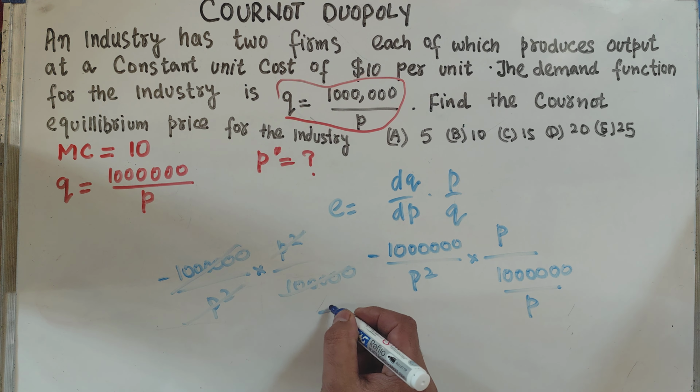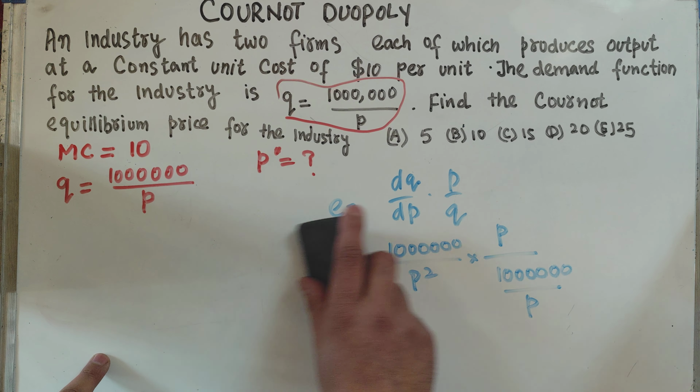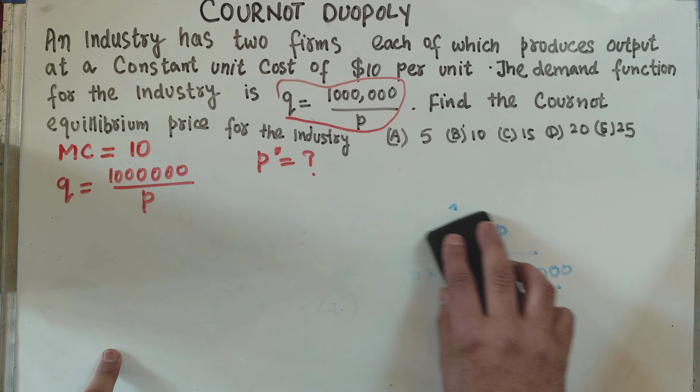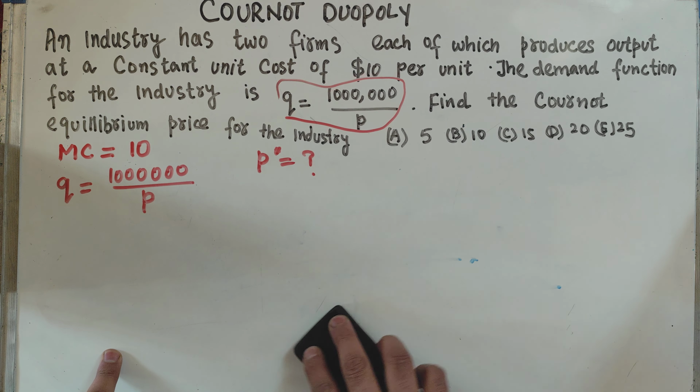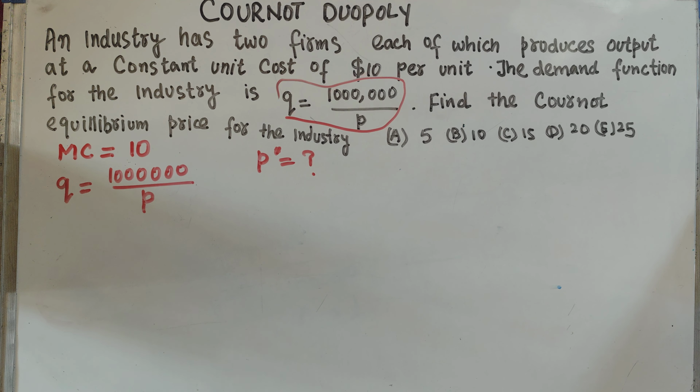This gets cancelled, so we are left with minus 1 as the price elasticity of demand. For any price, the elasticity of demand will remain constant.